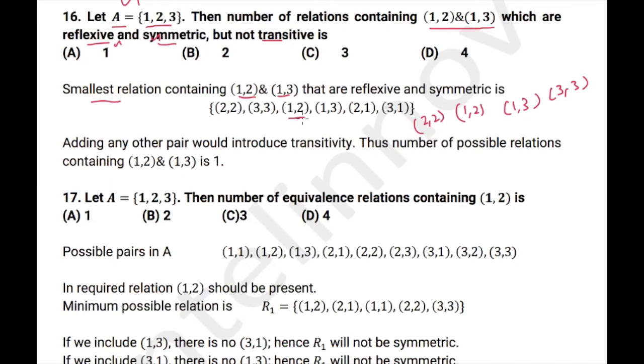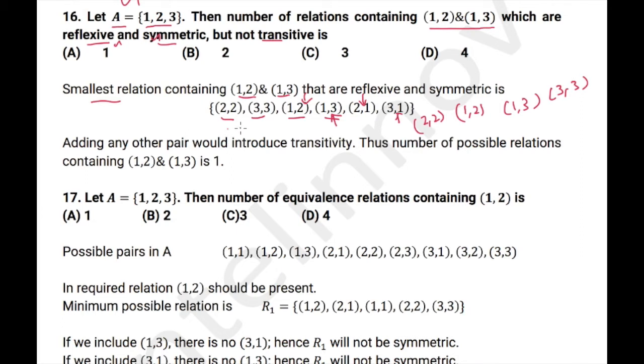Since (1, 2) is there, we need to write (2, 1). Since (1, 3) is there, we need to write (3, 1). So this is the minimum possible relation that we can form, which is reflexive and symmetric as well.